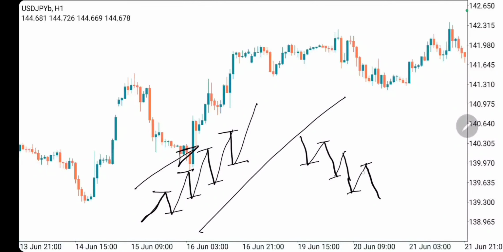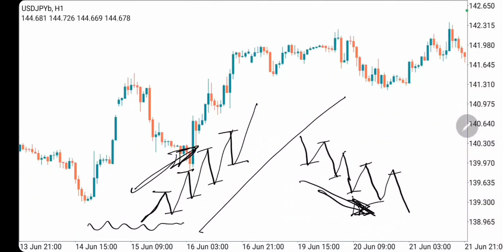So this is a bearish market structure. The market is in a bullish phase here, while the market here is in a bearish phase.